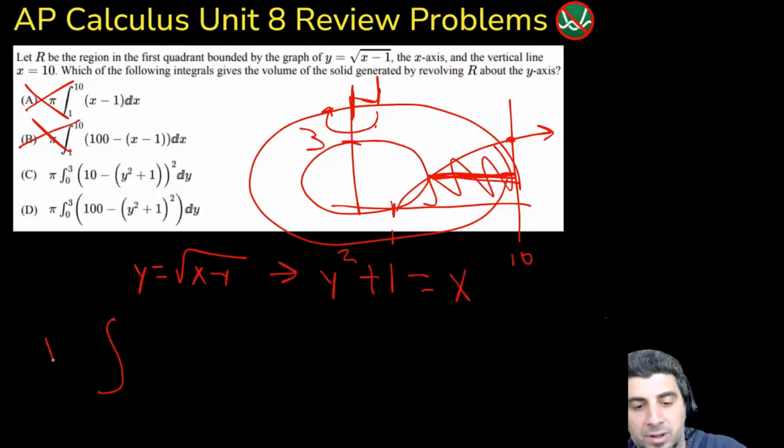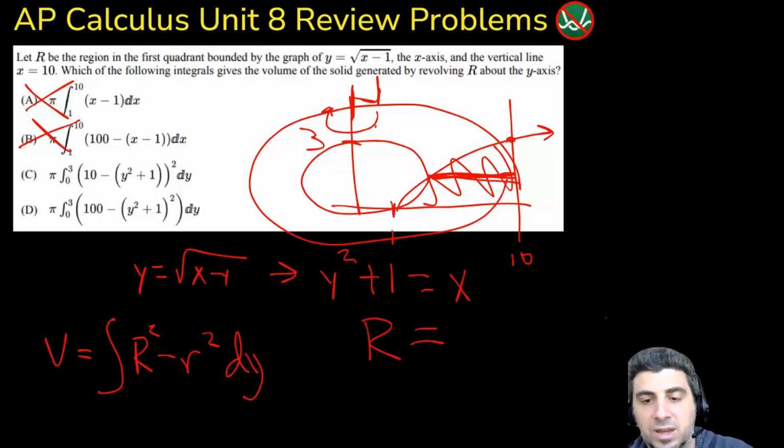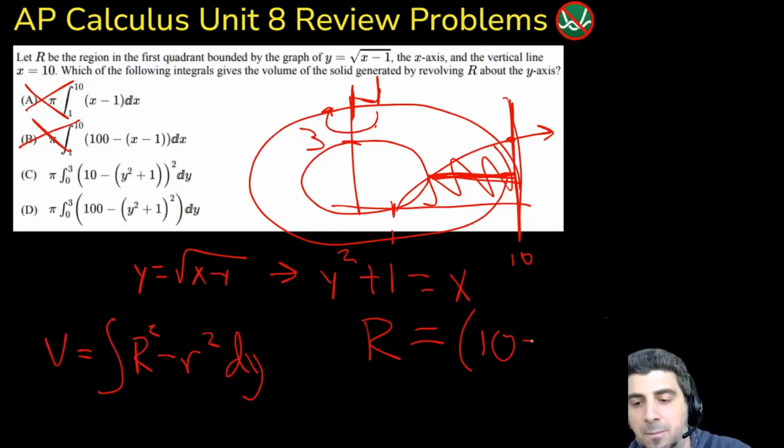So the volume formula is going to be big R squared minus little r squared dy in this case. Big R is going to be right minus left, the distance from the axis of rotation to the outside radius. Well, the outside radius is made by 10, so it's going to be 10 minus technically 0, and then you square that for the R squared, and you would get 100.